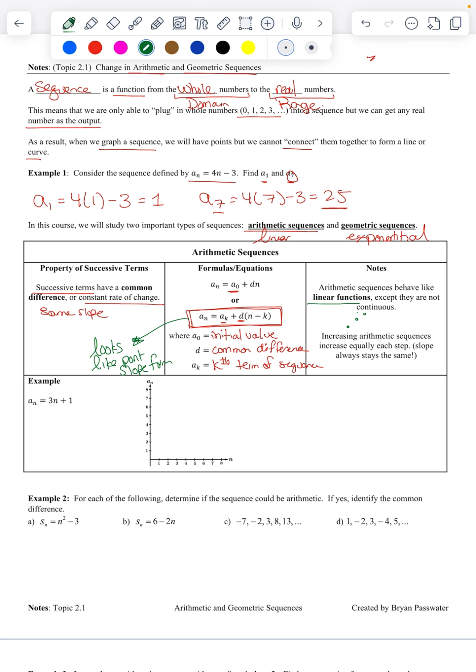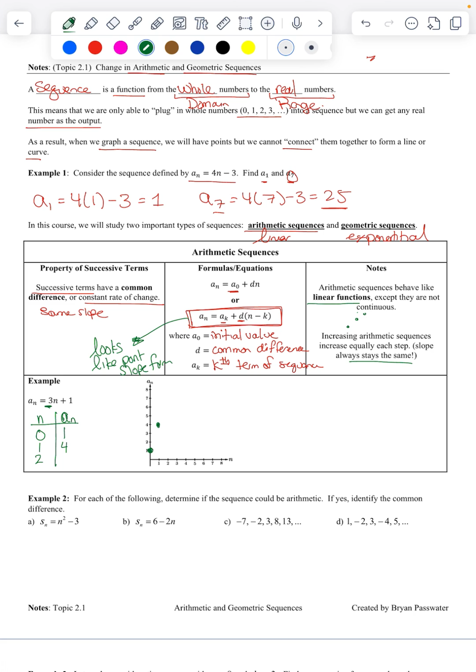Increasing arithmetic sequences increase equally each step, so the slope will always stay the same. So in this case, the slope is 3. So if you're making your table of values for n and for a sub n, when n is 0, because we can only plug in whole numbers starting at 0, your a sub n is 1. When n is 1, your a sub n is going to be 4.